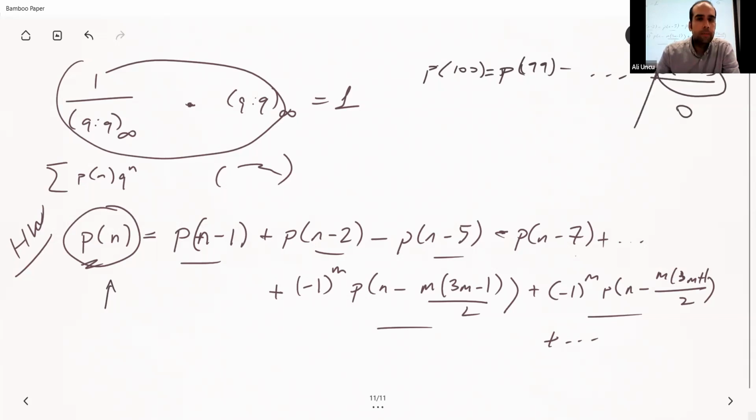So you chop it off. Yeah, so if you want P of 100, you look at the smaller values and build it up that way. It is the recurrence relation that once you get initial conditions, you can calculate more, right?